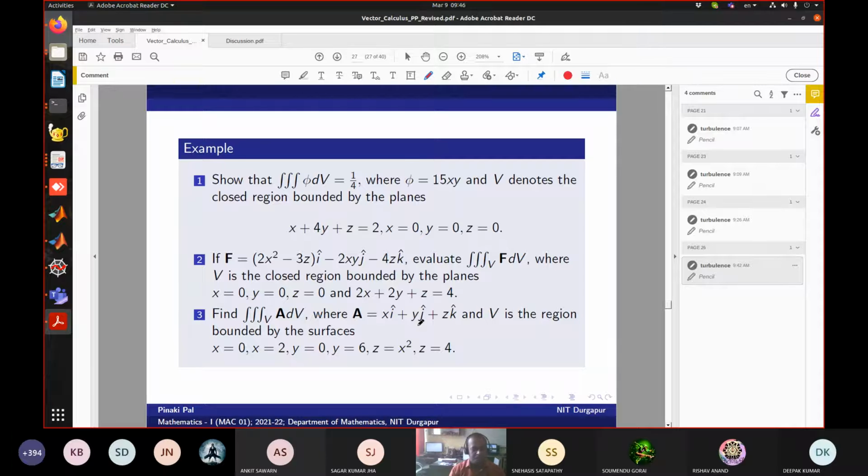Sir, what is the difference between triple integration and volume integration? Essentially it is similar. In triple integration, what type of region has been discussed in your class?